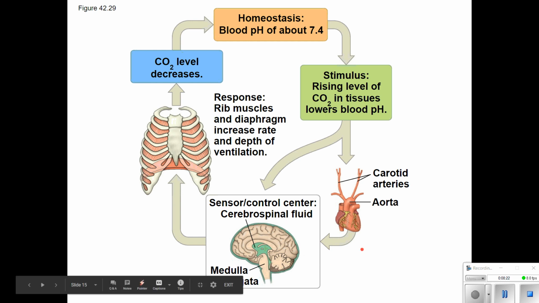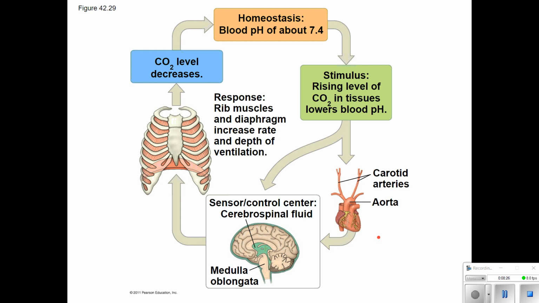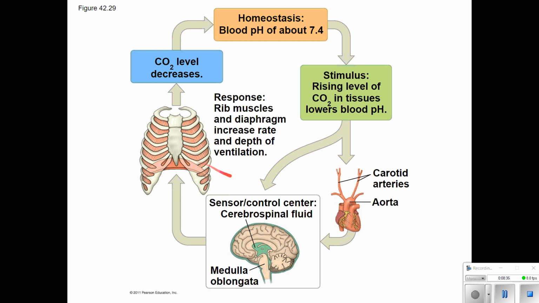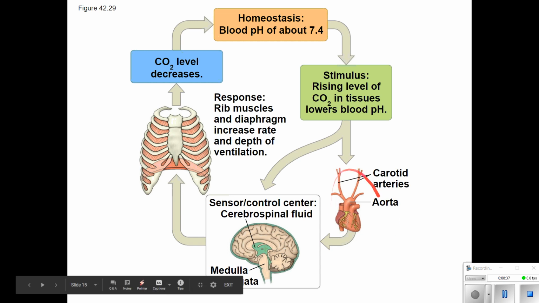That cues our heart to start pumping faster so that we can move some of that CO2 out of our body into our lungs. But it also cues the brain to send signals to our diaphragm to start breathing faster. So what this really does is it increases our heart rate and increases our breathing rate.